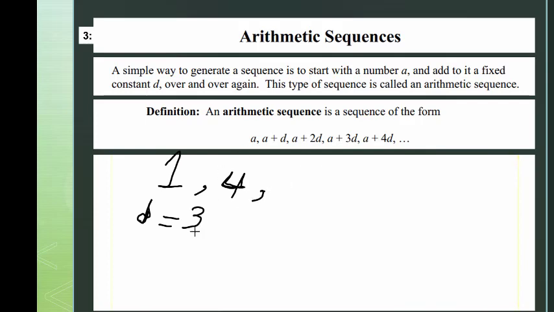And we can get the third term by adding the constant 3 twice to the first member, so we get 6 plus 1, which equals 7, and so on.